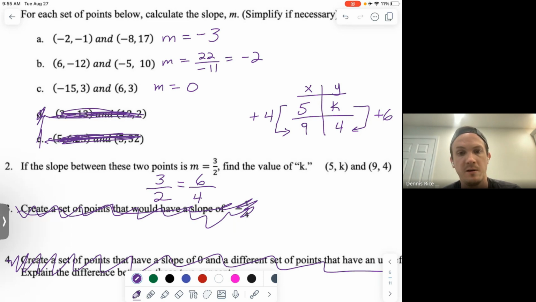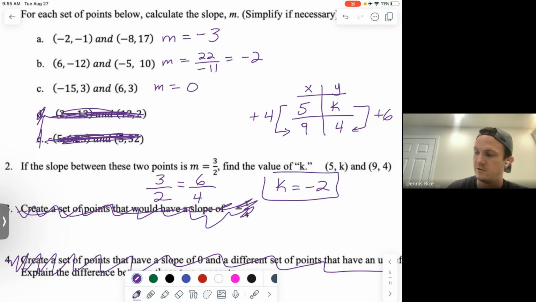So what number got 6 added to it and ended up with 4? -2. -2 plus 6 will give you +4. And if you want to walk through it now with knowing that it's a -2, you will get 6/4, but you can simplify that to 3/2. Very good.